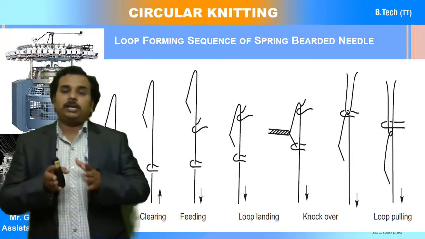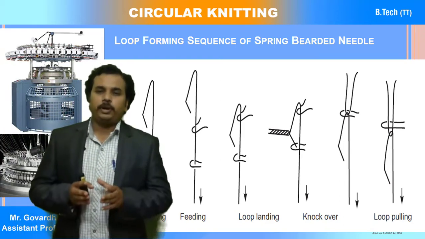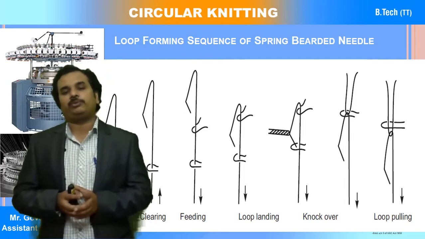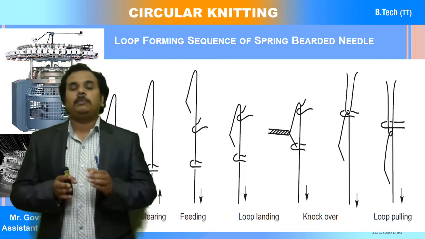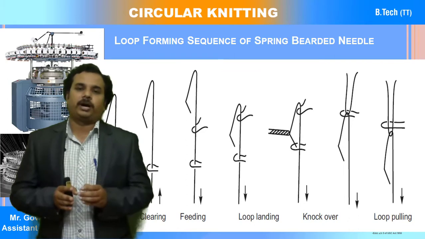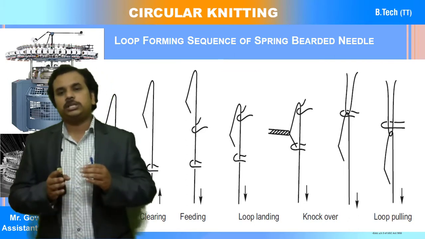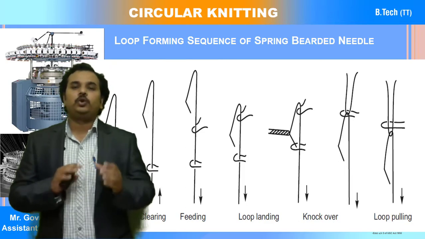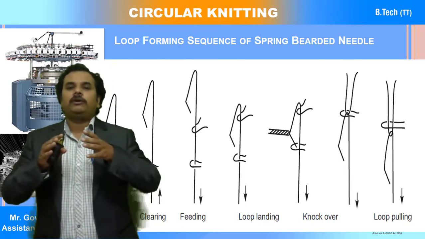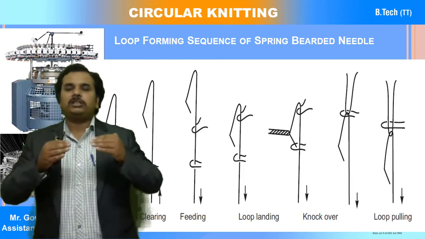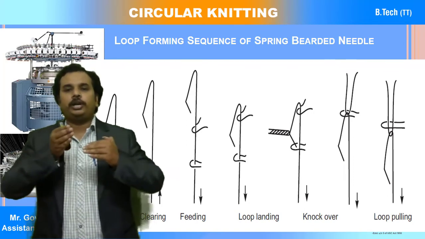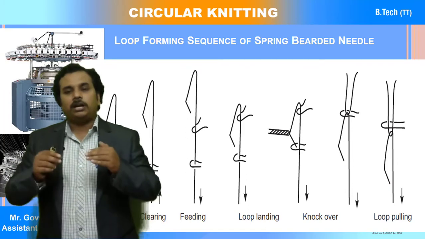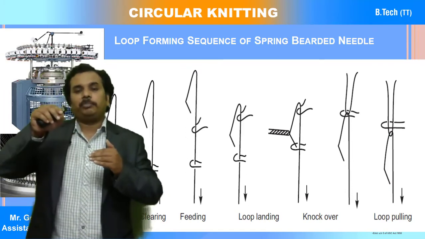Now here we need to understand how this pressure bar is activating on the bearded part, the spring bearded part of the needle. This is the major point where the loop is landing and the loop is clearing from in between the pressure bar and the spring bearded part of the needle, and it is clearing completely.